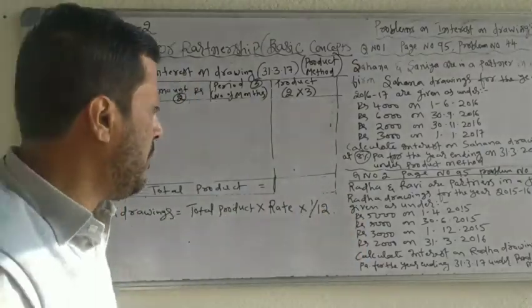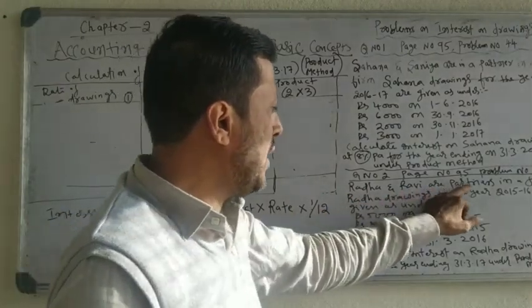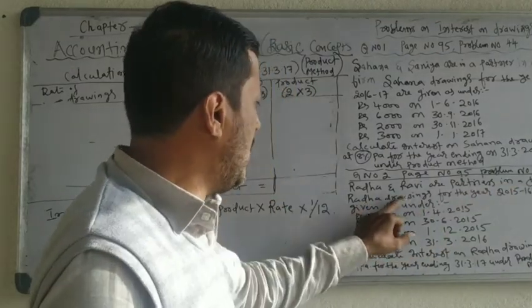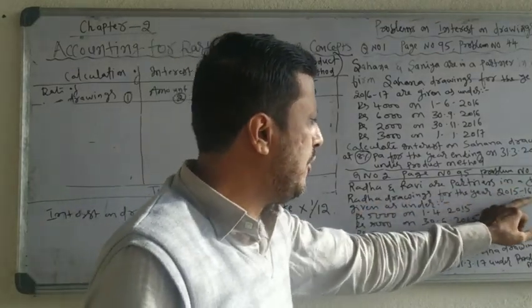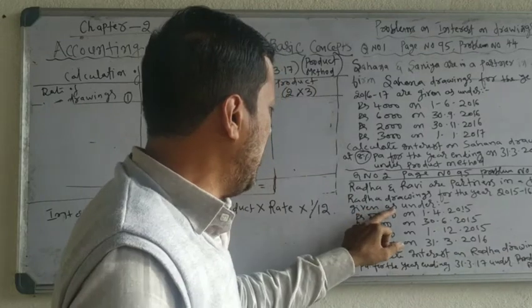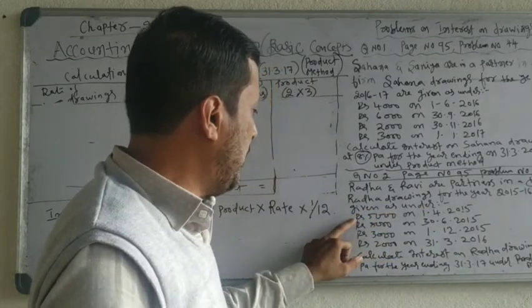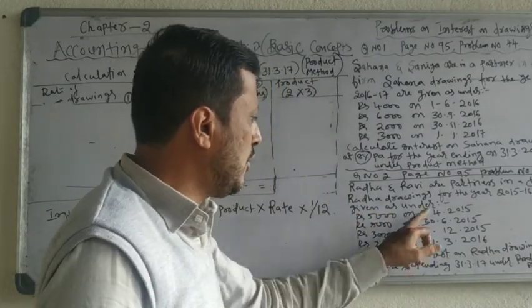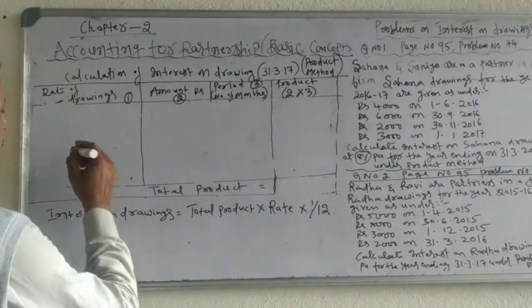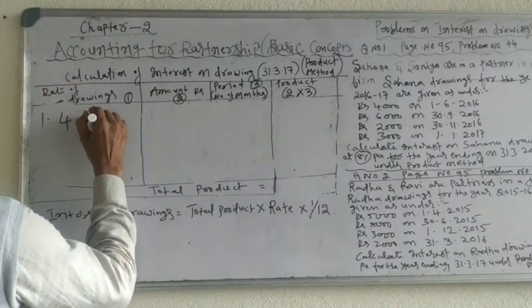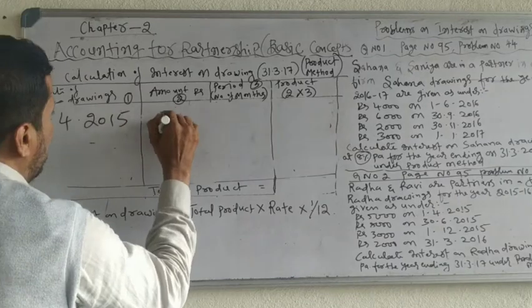See the second problem. Radha and Ravi are partners in a firm. Radha's drawings for the year 2015-16 are given as under. Rupees 5,000 on 1/4/2015. So we will write the date, 1/4/2015, 5,000.